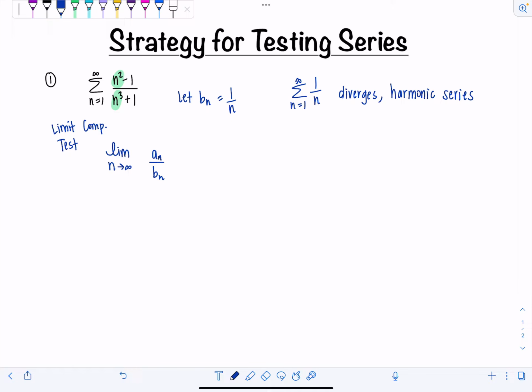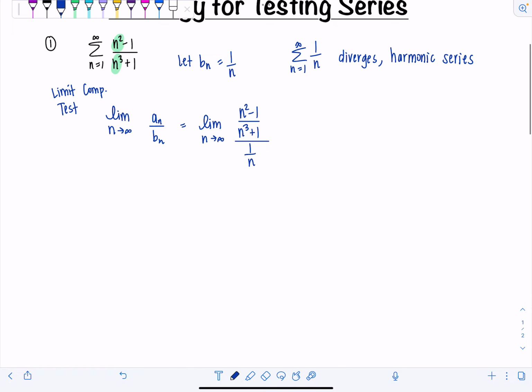Okay, so here we go. We've got the limit as n approaches infinity, an terms of the original series, (n squared minus 1) over (n cubed plus 1), over 1 over n. And then let's clean this up.